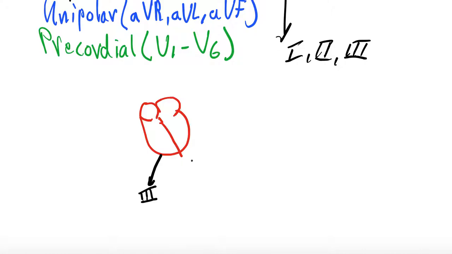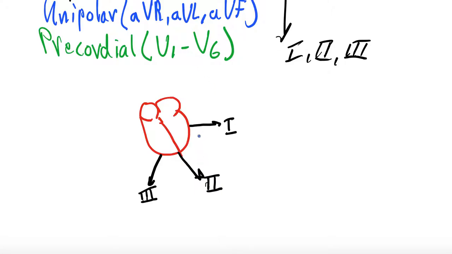Then we have this one here, guess what this is going to be? This is going to be right arm to left leg. That's lead 2. And then our last bipolar limb lead, lead 1, remember, is going to be right arm to left arm.